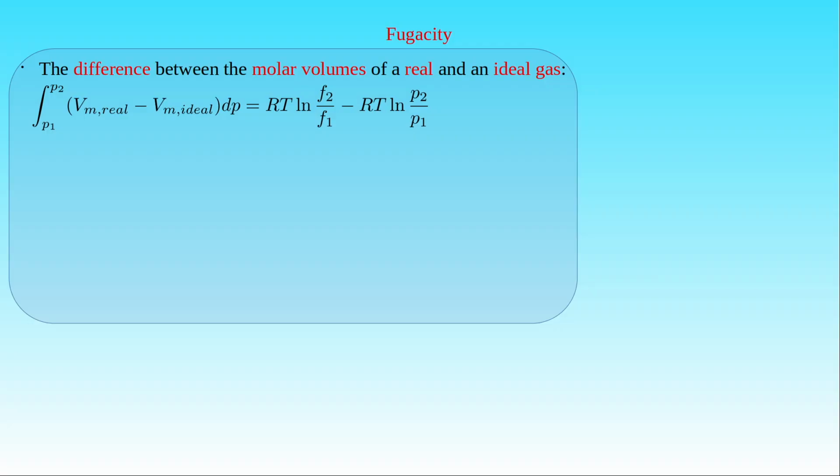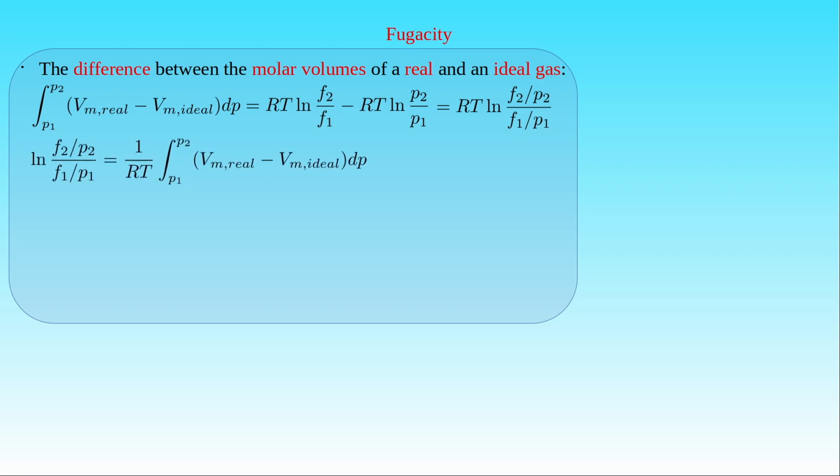The right-hand side is equal to R times T times the natural logarithm of the ratio of F2 divided by P2 to F1 divided by P1, where we can express the logarithm of the fraction as 1 over R times T, times the integral of the difference between the molar volumes of a real gas and an ideal gas with respect to the pressure P from the pressure P1 to the pressure P2.